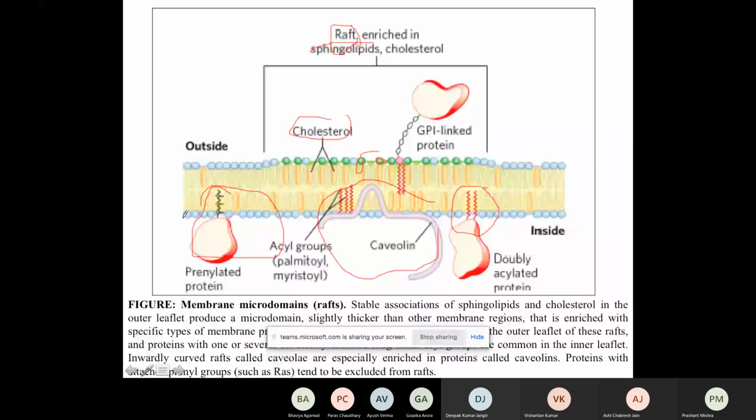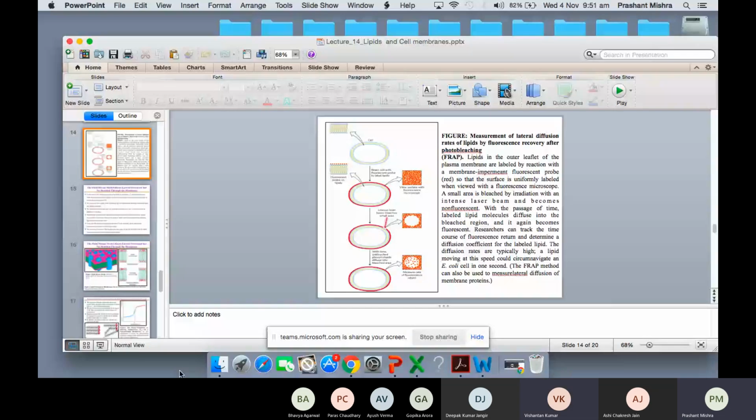Any question? Yes? Any other query? If there is no query, in the next class I will talk about the functionality of the membrane, and we'll continue with the membrane.